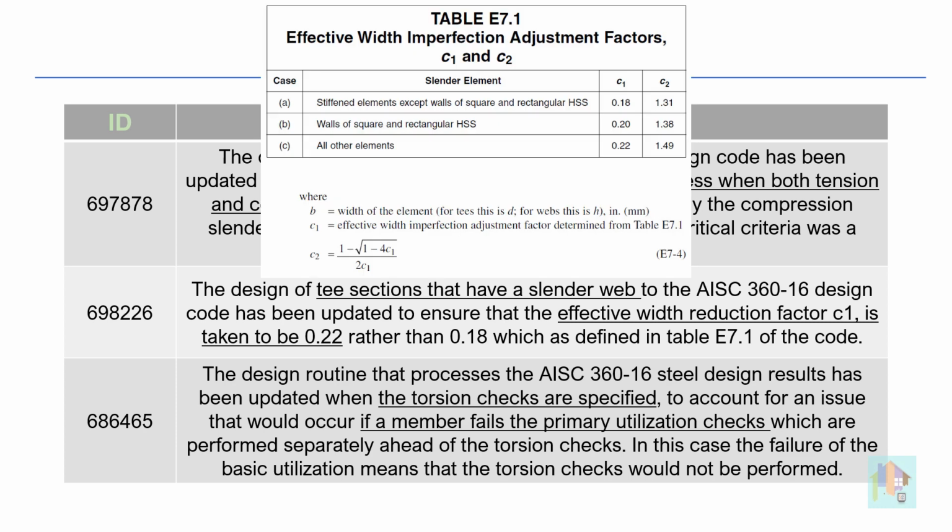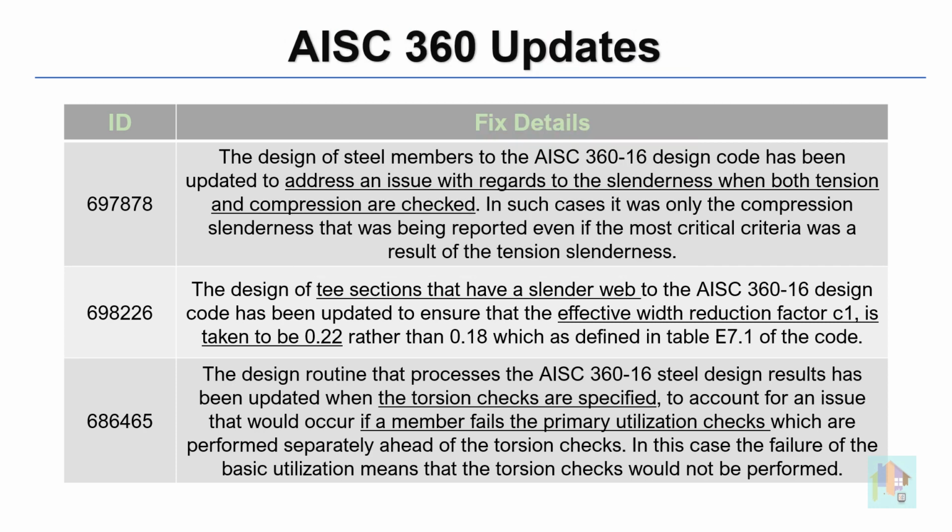Previously, for slender T-section, effective width reduction factor C1 was incorrectly considered as 0.18, which is actually for HSS section. It is now corrected and C1 for slender T-section is considered as 0.22. This will affect the compression capacity and overall design results. And if a slender T-section is designed in your model, you can notice a ratio mismatch.